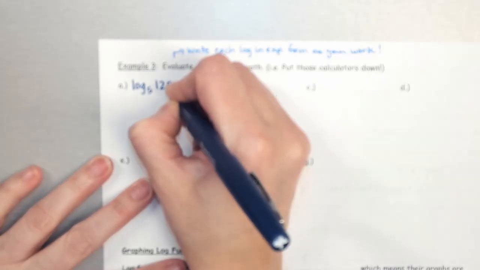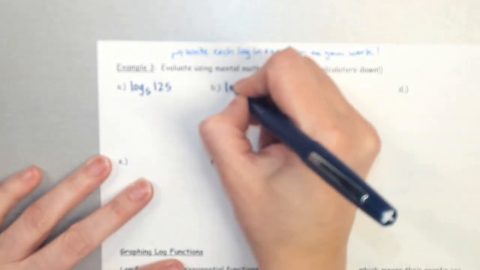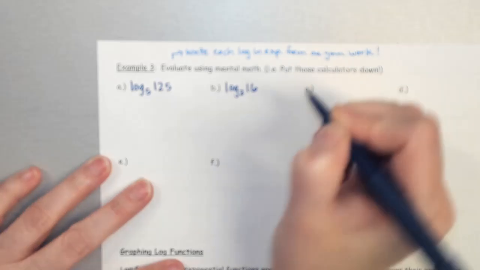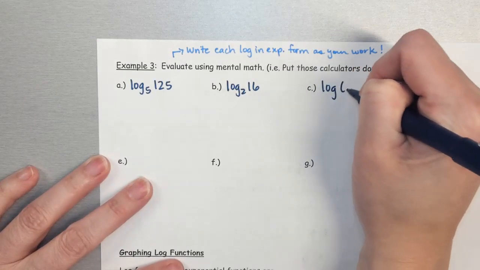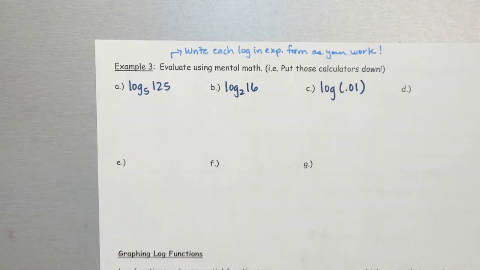All right, so for A, we have log base 5 of 125. For B, we have log base 2 of 16. And C, we have the log of 0.01. We're going to start with those three. Okay, now what's different of these is they're not equal to anything. All right, that's what we are going to evaluate.